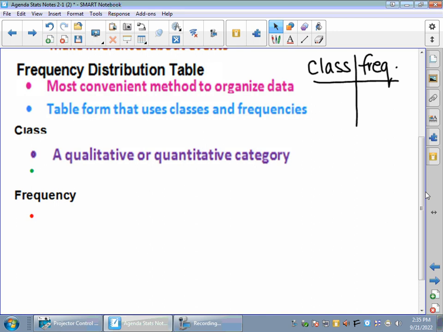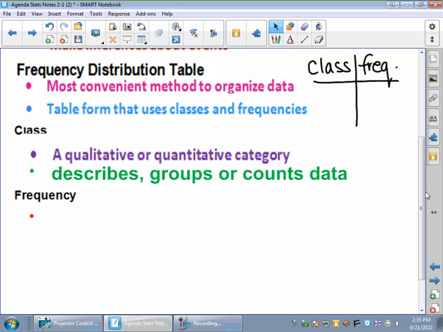If it's quantitative data, it might be 1, 2, 3, 4, or 0 to 2, and 3 to something. So those classes can account for both quantities and qualities. This describes or groups our data, and I shouldn't have put counts here. I should have just put describes or groups our data. So again, it's a way to organize it.